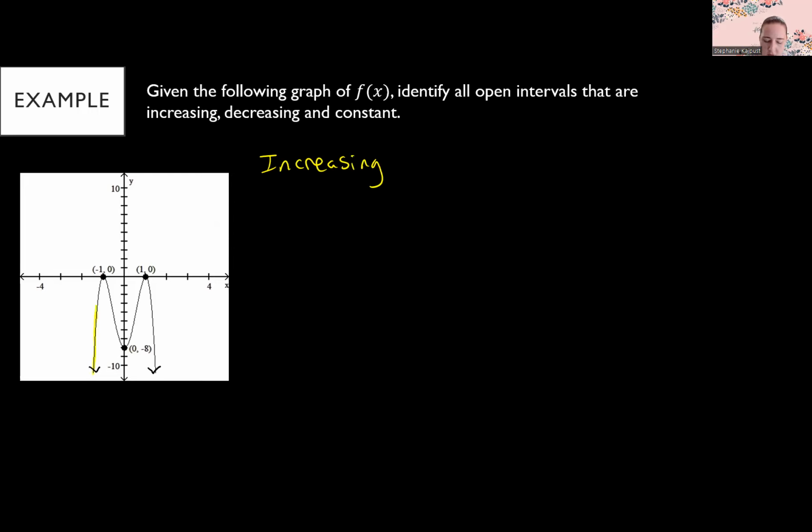This part over here is moving up, and then this part over here is moving up as we move left to right. Those arrows on the left mean that this is going on forever, but between x equals 0 and x equals 1, we don't have any arrows, so it's just that small little section right here where we are increasing.